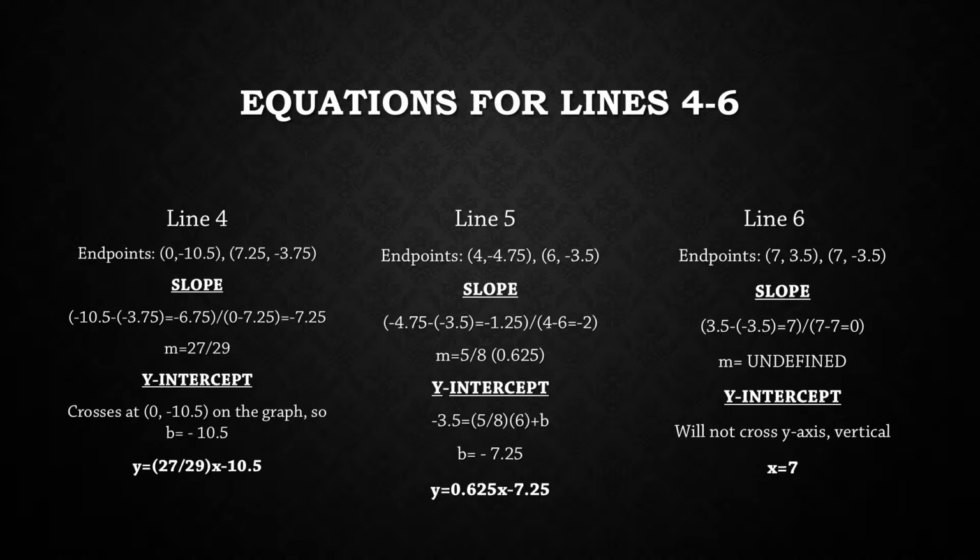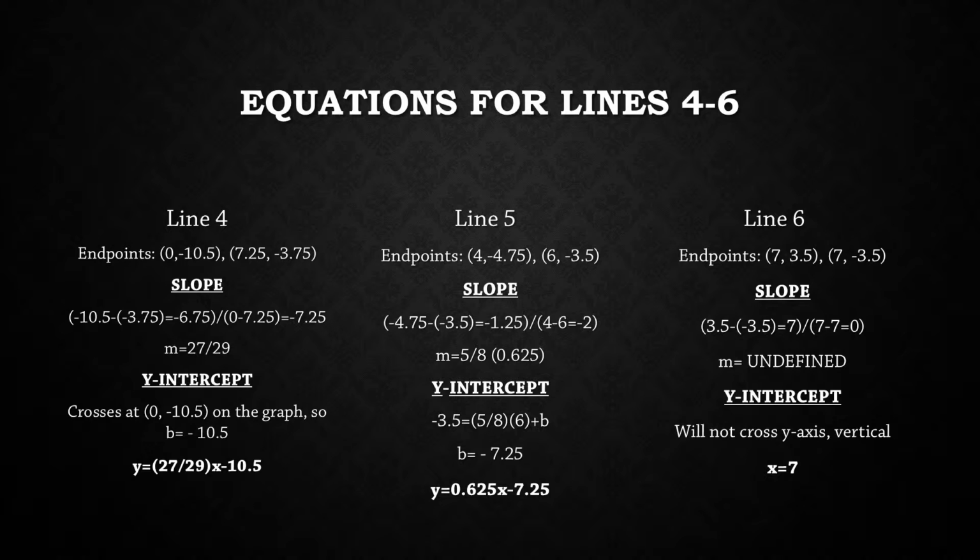Here are the equations for lines 4 through 6. For line 4, the endpoints were 0, negative 10.5, just like line 3, and 7.25, negative 3.75. Again, line 4 is just the inverse of line 3. The slope is figured out the same way as line 3, so negative 10.5 minus a negative 3.75, which is negative 6.75.